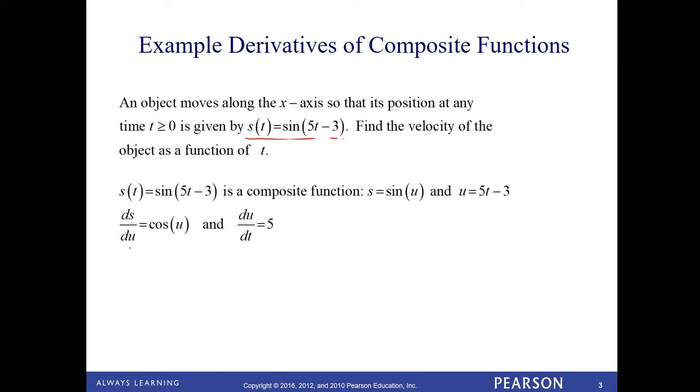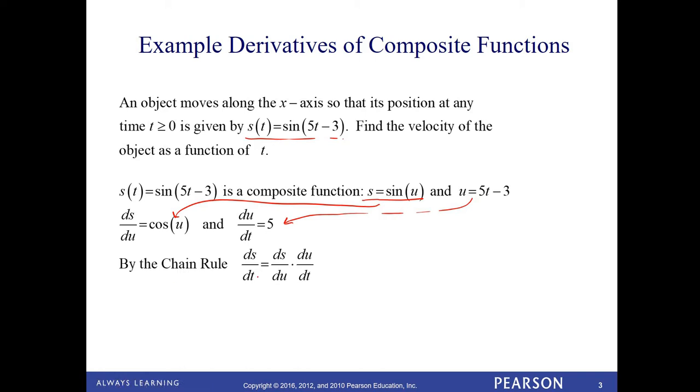So ds/du, the derivative of s with respect to u, is cosine of u. du/dt, the derivative of u with respect to t, is 5. So using the chain rule, ds/dt, which is what I'm looking for, the derivative of s with respect to t, gives me my velocity.